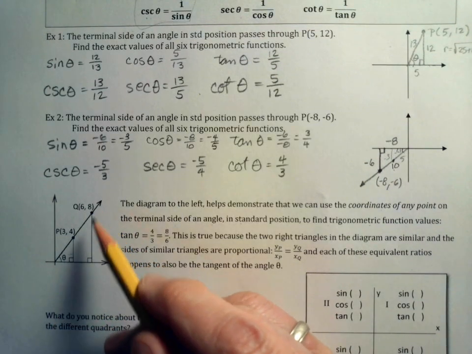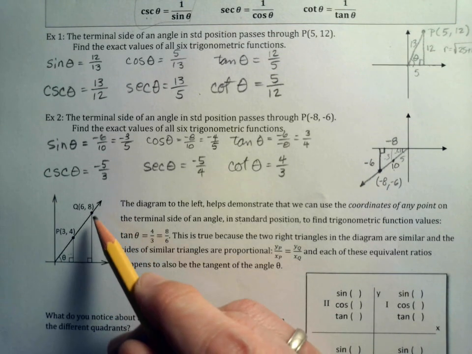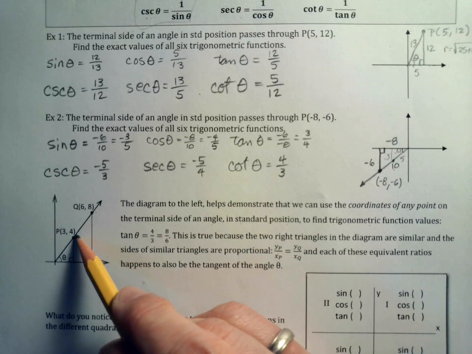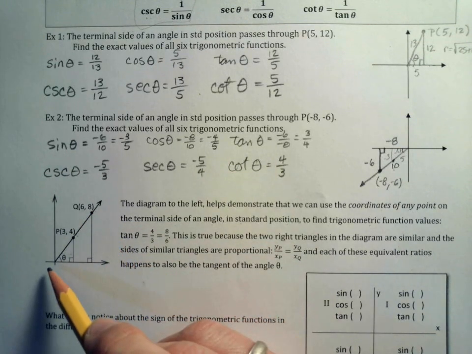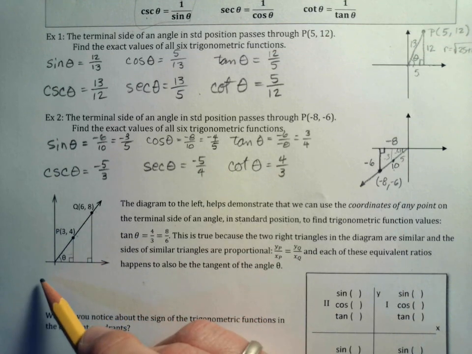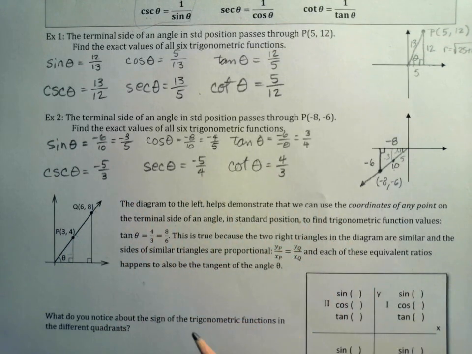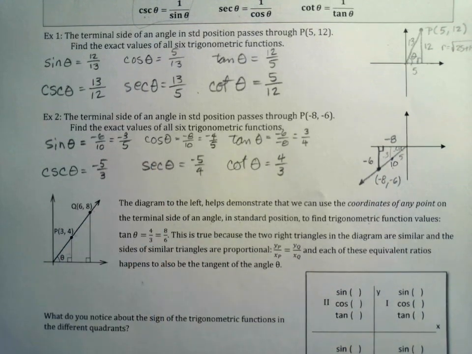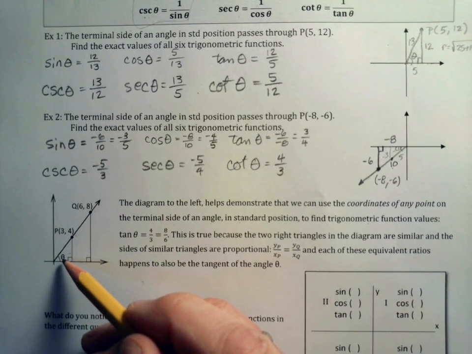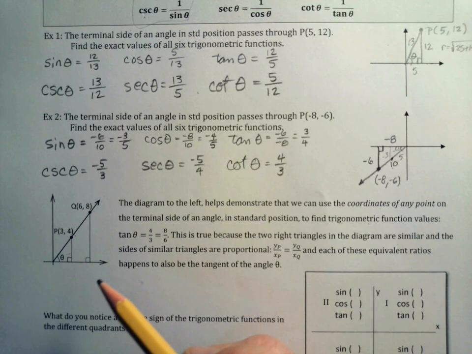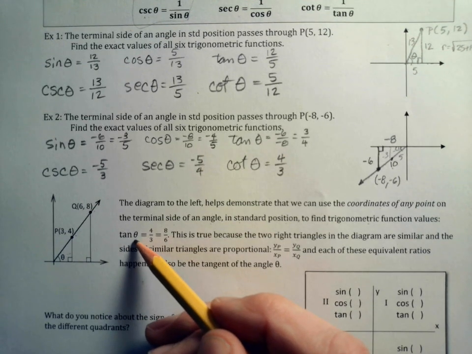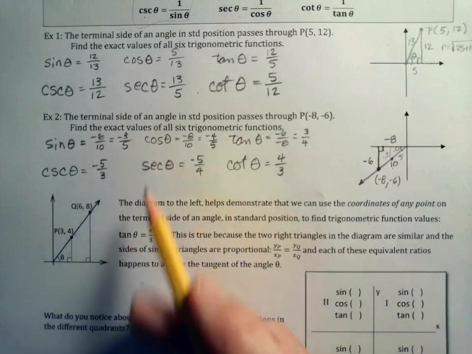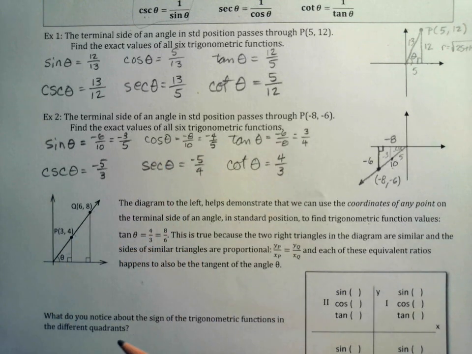The y over the x will be the same whether we use this point or this point. 8 over 6 is the same as 4 over 3. All the triangles that we would create if we drop them down to the x-axis would be similar triangles. They would all have the same angle theta. So the trig ratio of tangent of that angle will be the same for all of those right triangles because the ratios will all be the same.